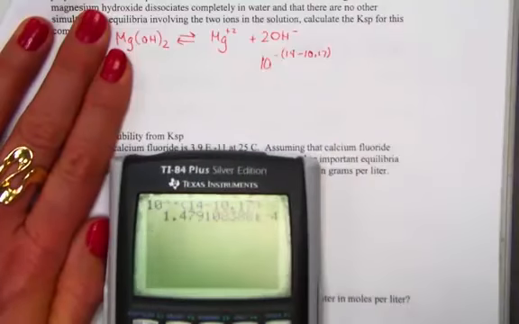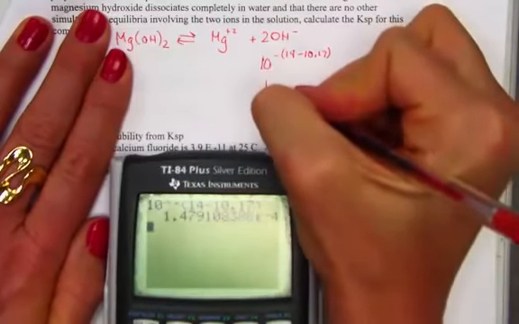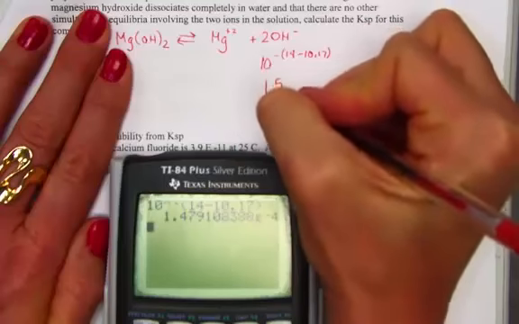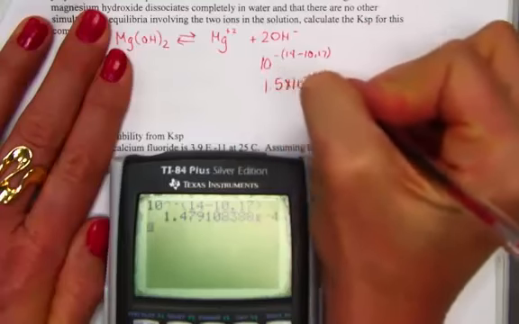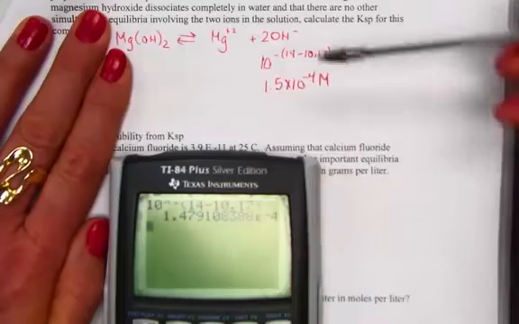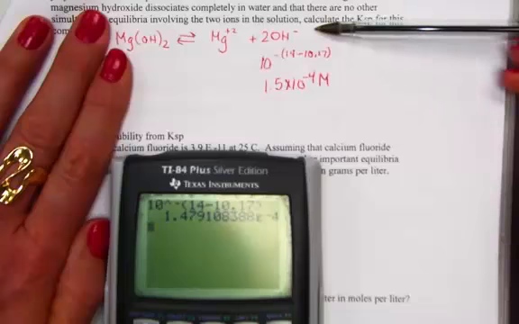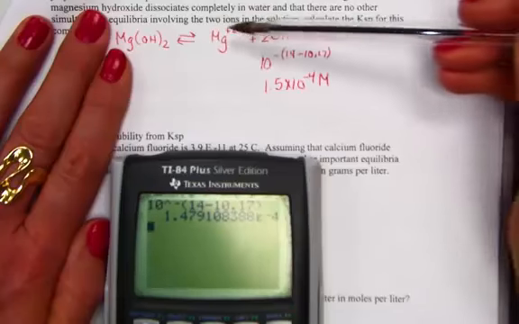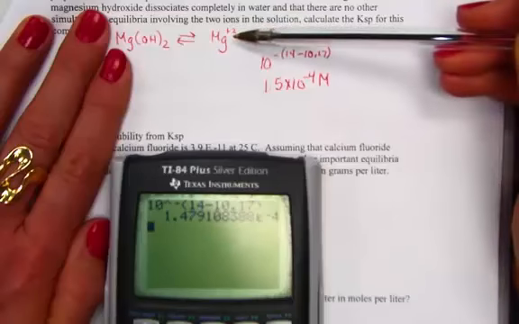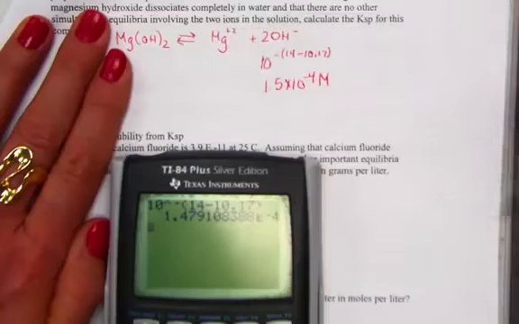I hit enter, 1.5 times 10 to the negative 4th molar units. 1.5 times 10 to the negative 4th molar is the concentration of hydroxide. Again, using our stoichiometry, we can also pull out the magnesium ion with its 1:2 ratio.